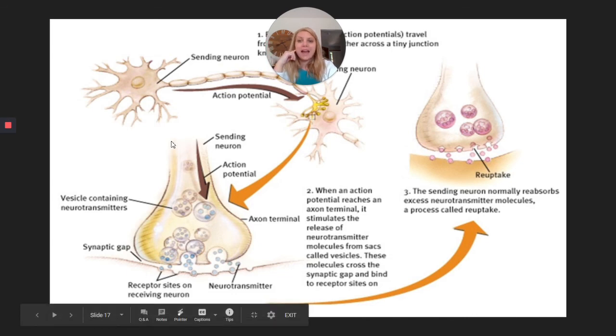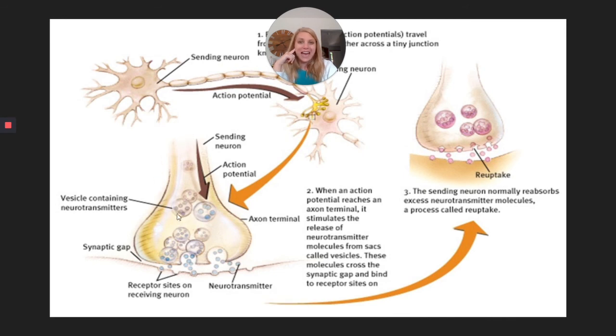And in my axon terminal, which is shaped like this, I am going to have these sacs, and these sacs are known as vesicles. Within the sac are going to be my neurotransmitters. My neurotransmitters are these chemical molecules that are the message themselves.